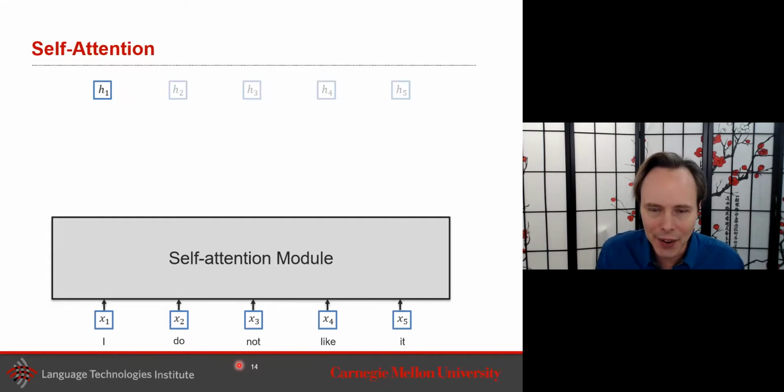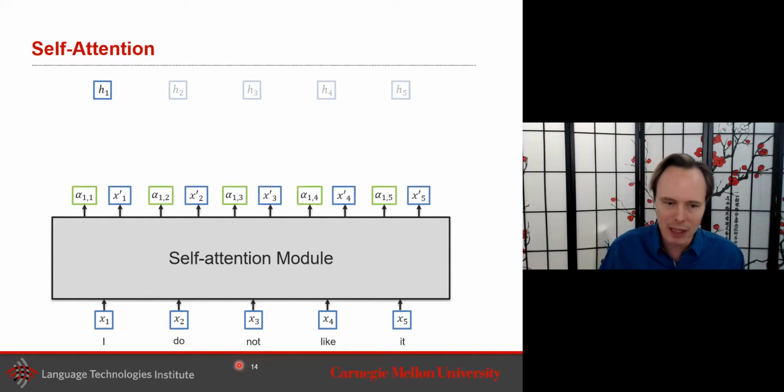I will tell you how I compute those attentions in a minute, but I will find a way such that I have an attention telling me, for this word I, finding a new embedding for it, how relevant, how important, how similar is the second word. And that's what this attention is going to tell me: how relevant this is, and how relevant this other embedding, the third word, is.